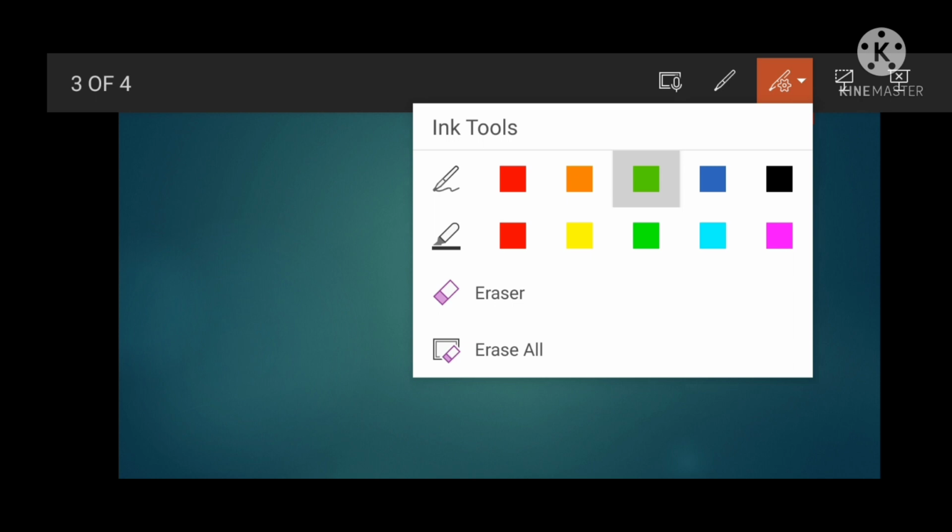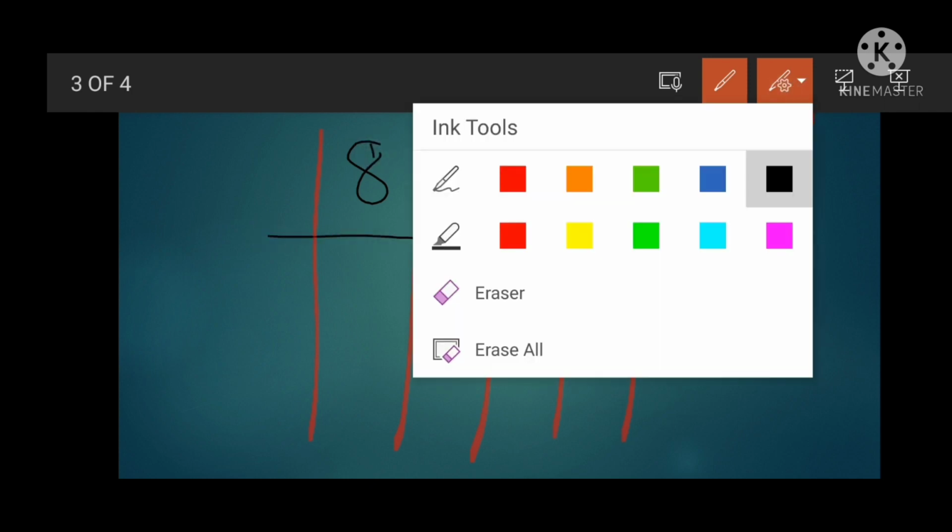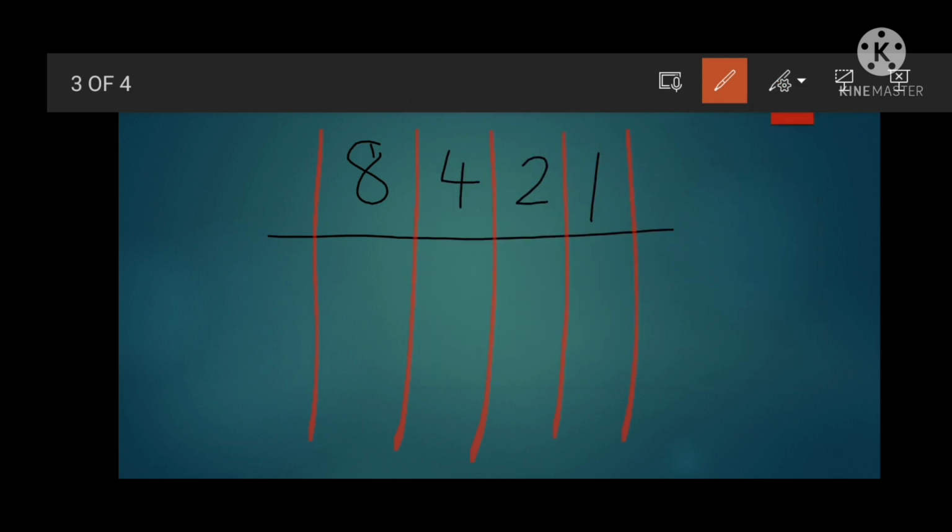Okay, now let me go to the next one. I'll just draw a few lines again. So remember the pattern: 8, 4, 2 and 1. So we are done with 0 and 1. The next one. How do I convert the number 2? Just the 2 becomes 1 and the rest of the numbers will be 0. And how do we tell 2 in terms of binary format? 0 0 1 0.